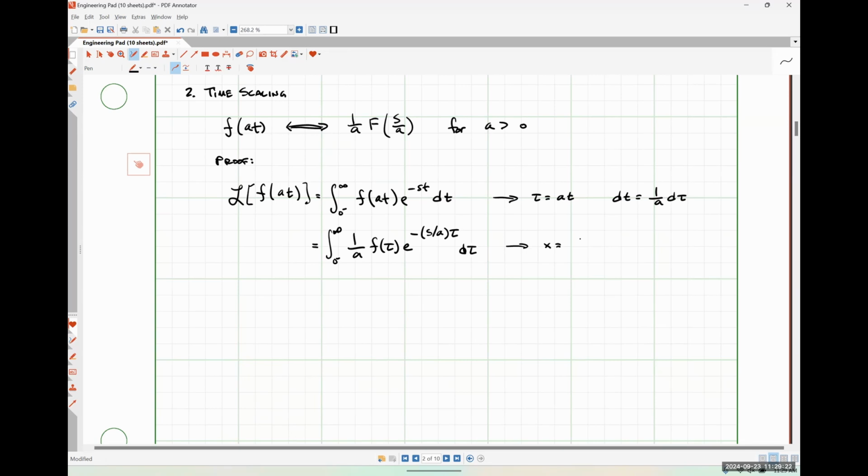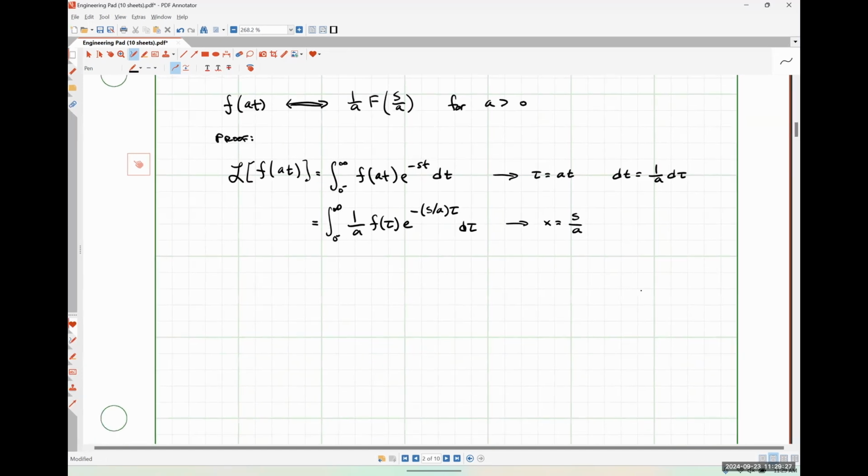And now I'm simply going to define another extra variable, x is equal to s over a. I can pull out my factor of 1 over a. So that gives me the integral from 0 minus to infinity of f of tau e to the negative x tau d tau, where this integral is just a Laplace transform as a function of tau, right?